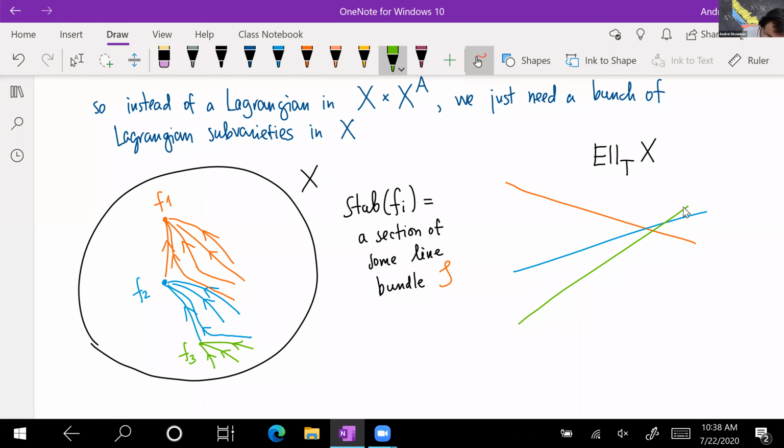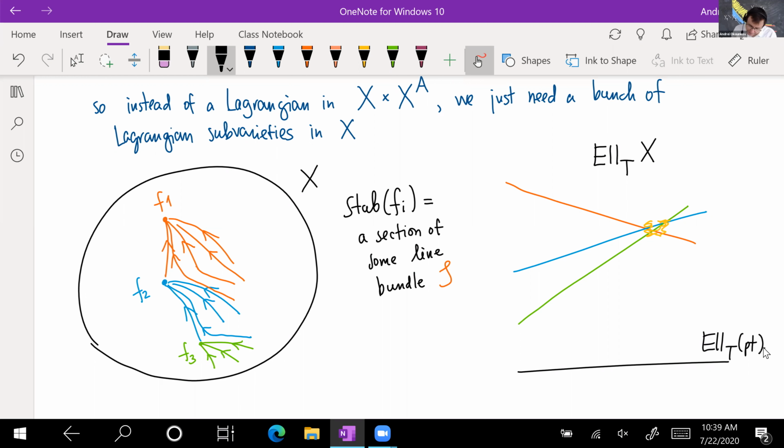These are all copies, and there's also some thickness, some other fluff. Don't worry about the fluff yet. If you're looking for components of maximum dimension, they correspond to fixed points, and that's it. They're all copies of the elliptic homology of a point.